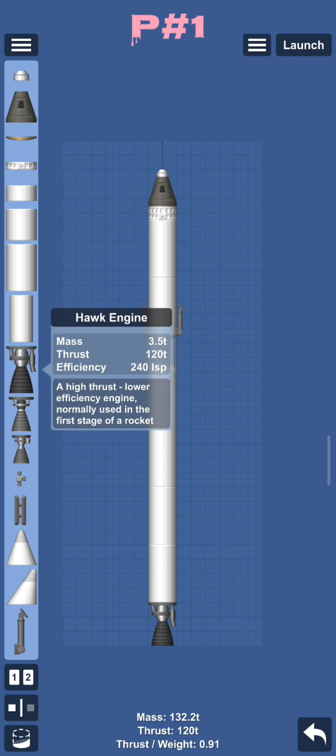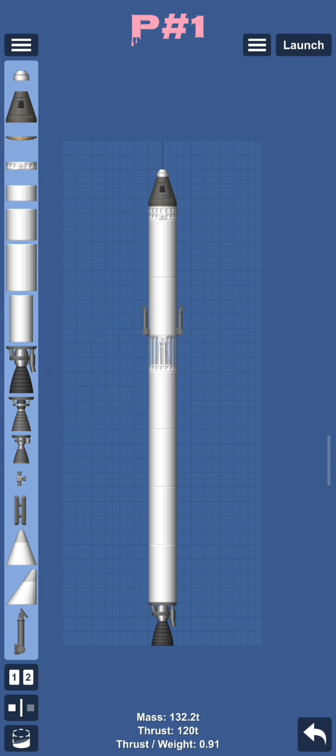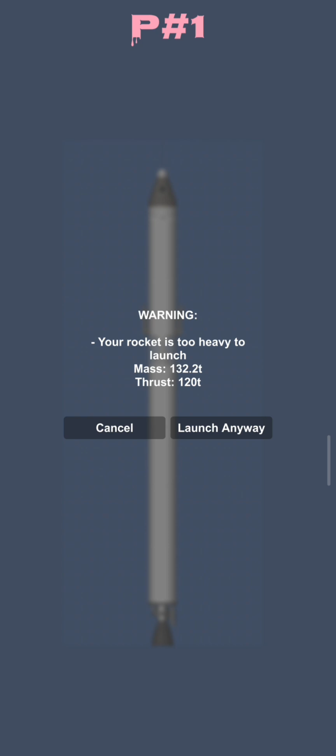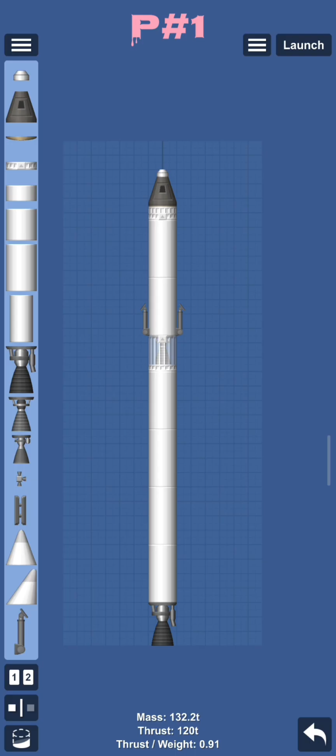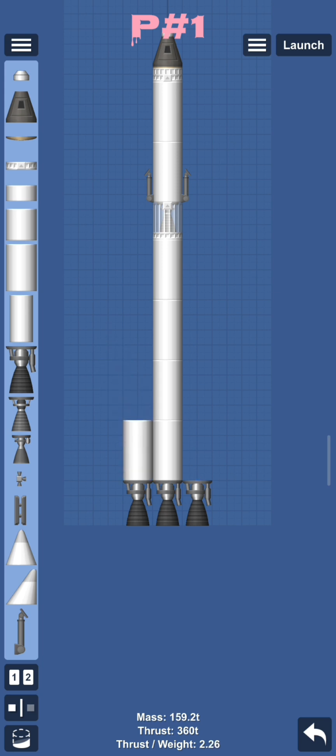You can see the parameters of Hawk engine. Oh, oops, it's too heavy for one Hawk engine to make launch, so for that we will fix two more Hawk engines and fuel tanks.